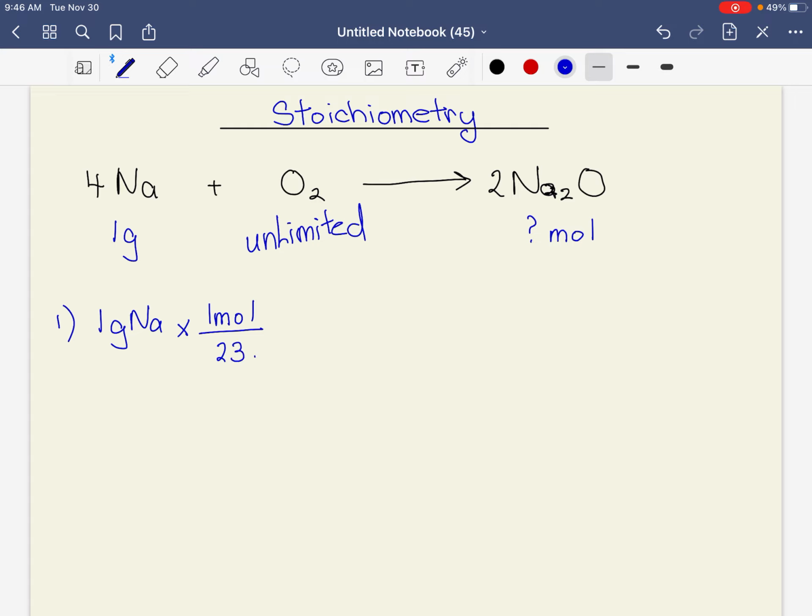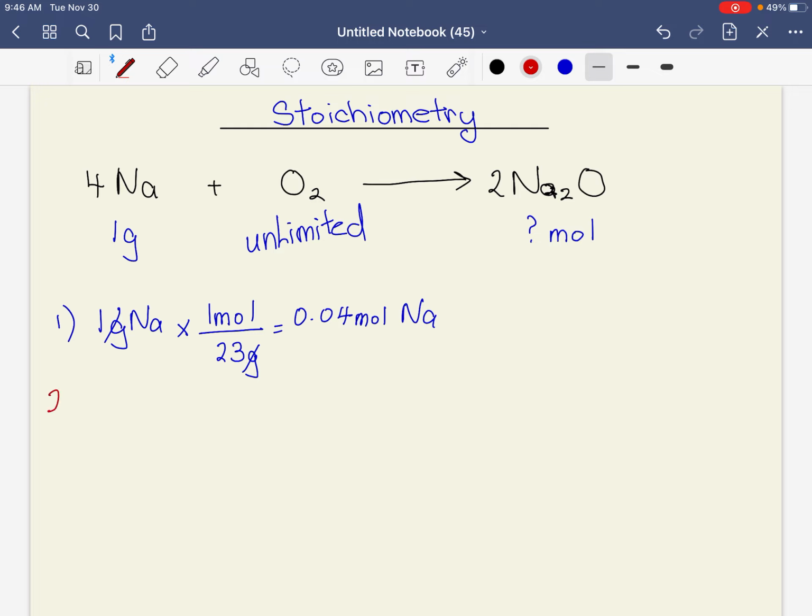Round it to the nearest whole number, because that's the way I like it. Grams cancel, and what you have here is 0.04 moles of sodium. That's one step closer to the answer.